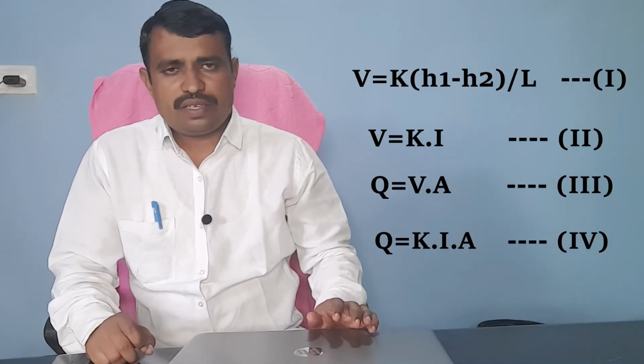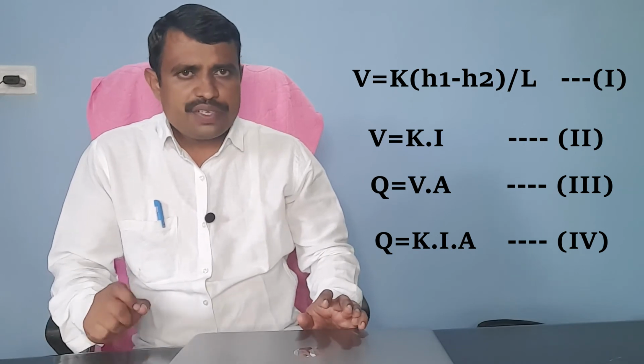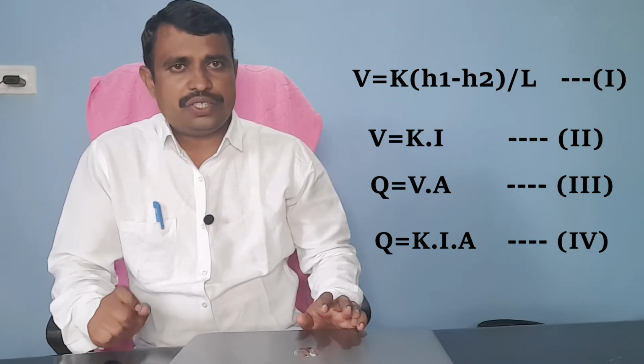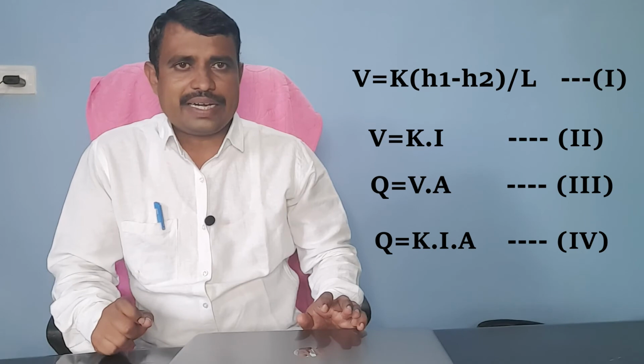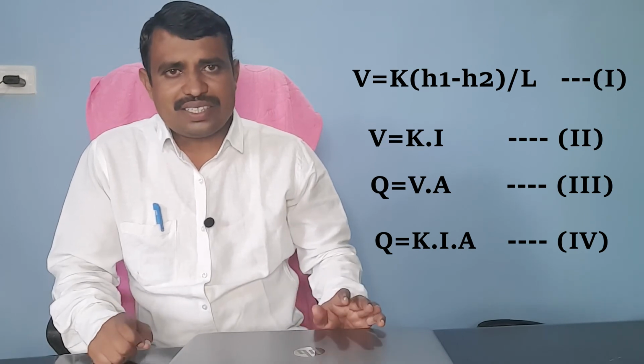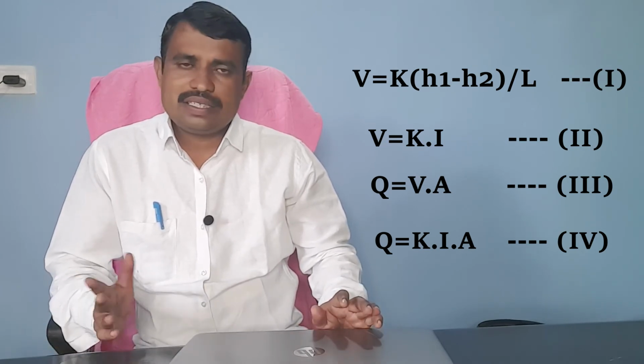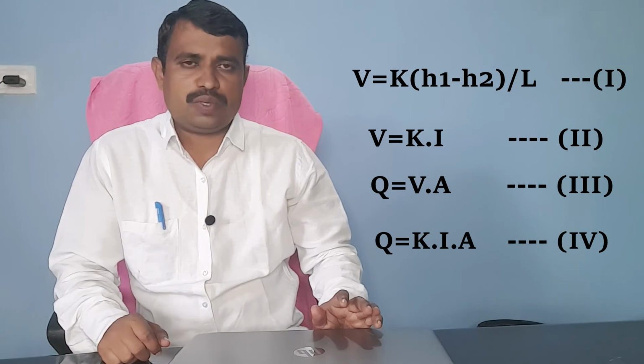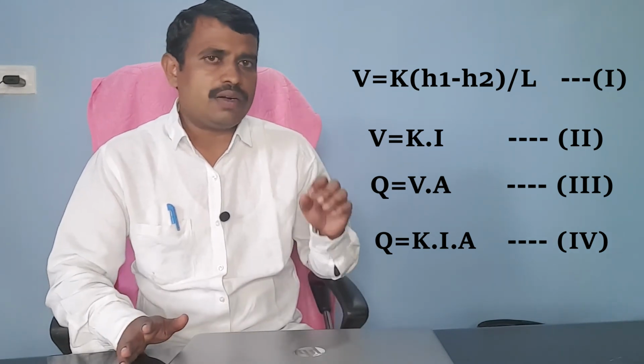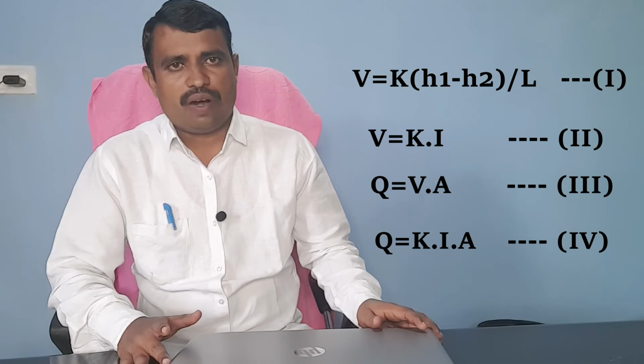This Darcy's law is very important. In that equation, Q is the discharge, which means how much discharge takes place. The second thing is the hydraulic conductivity, which is related to the quantity of water.